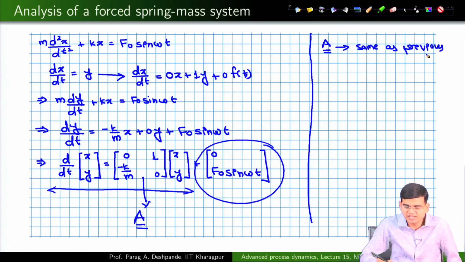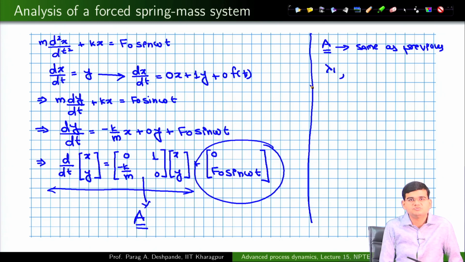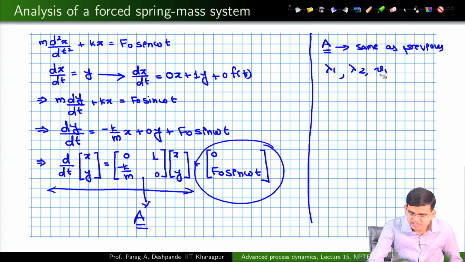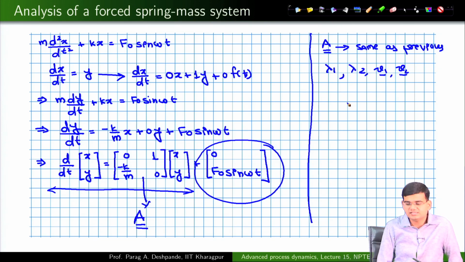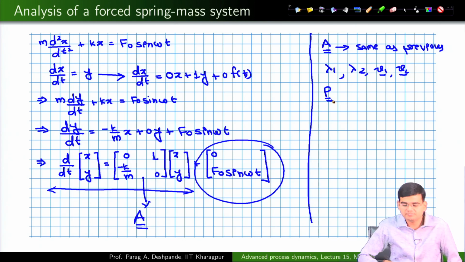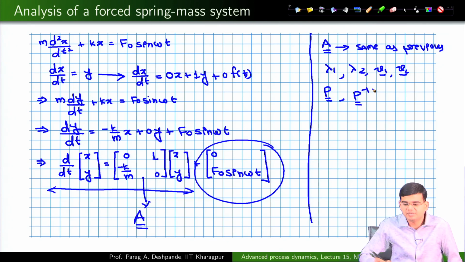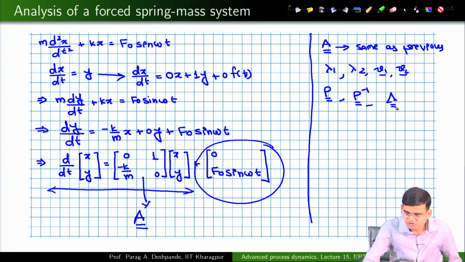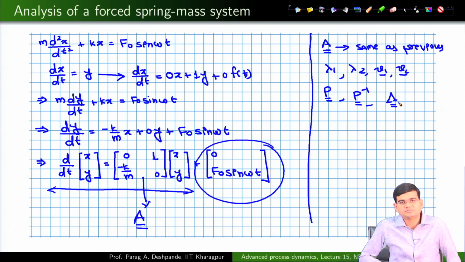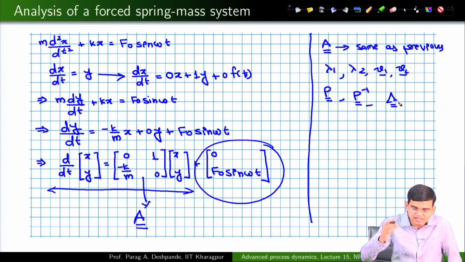Therefore, lambda 1 would be the same, lambda 2 would be the same, V1 would be the same, V2 would be the same. And since V1 and V2 are the same, P would be the same, P inverse would be the same, and so would be lambda. So, every step which we followed during the previous part would remain the same.